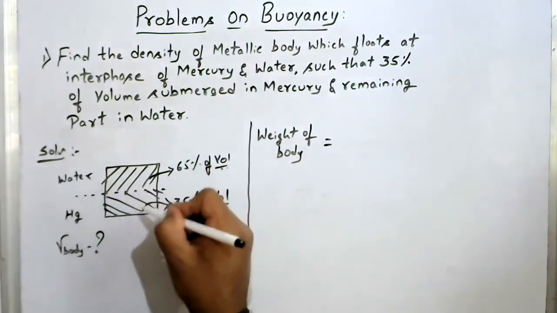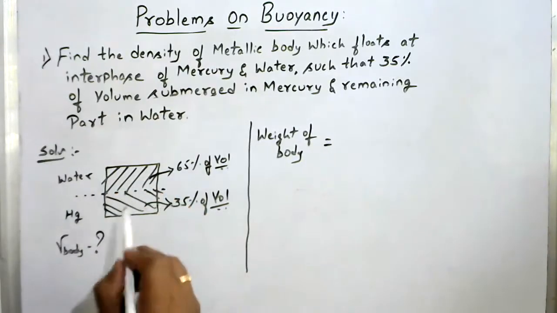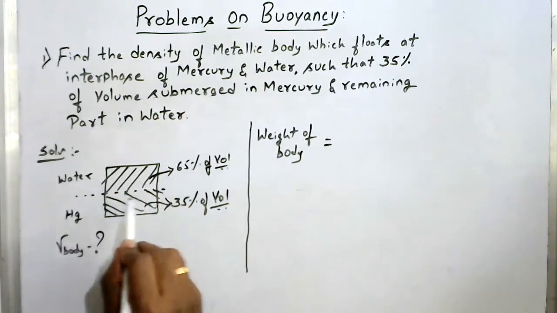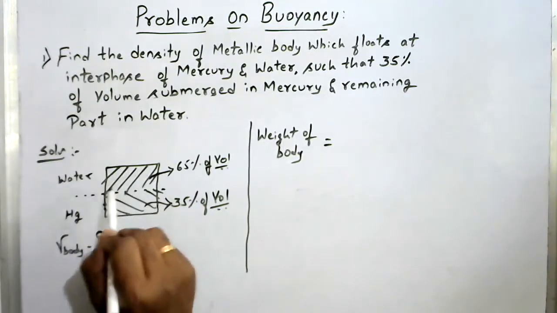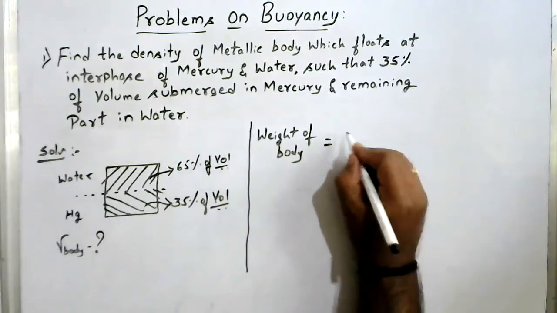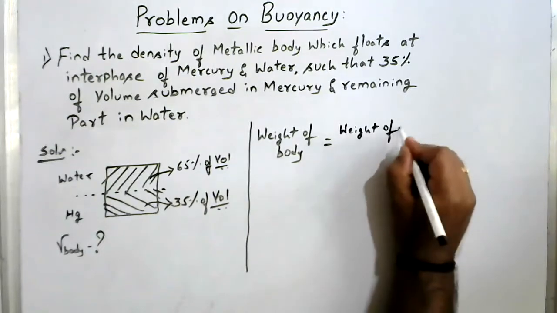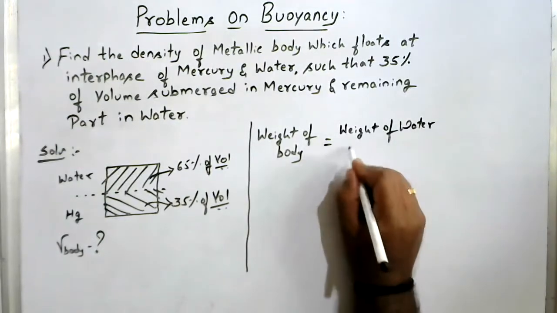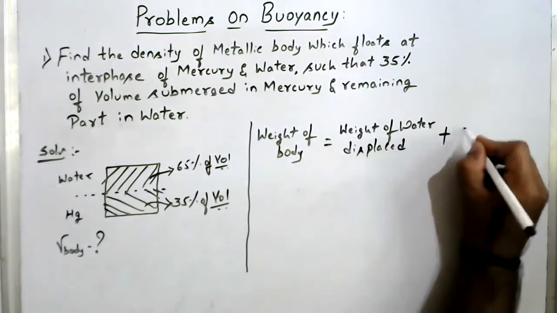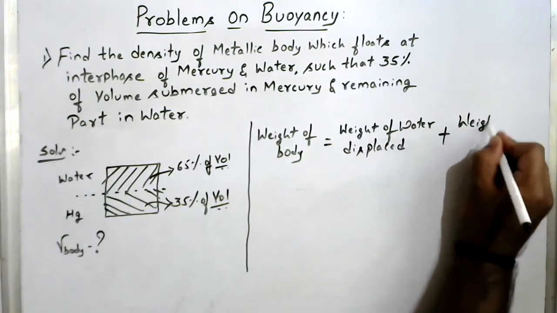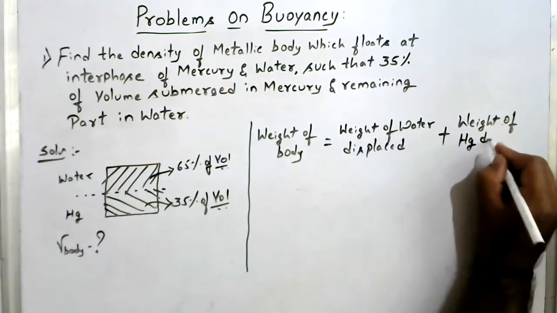So here there are two different fluid media. One is mercury, another one is water. We know that this amount of the body, that is 35% of the body, will displace mercury. The remaining 65% will displace water. Therefore, weight of the body is equal to weight of water displaced plus weight of mercury displaced.